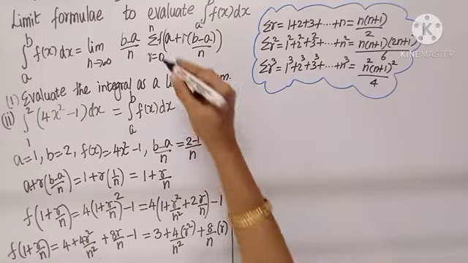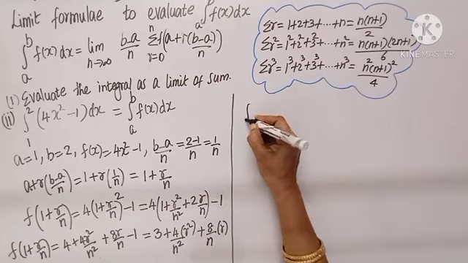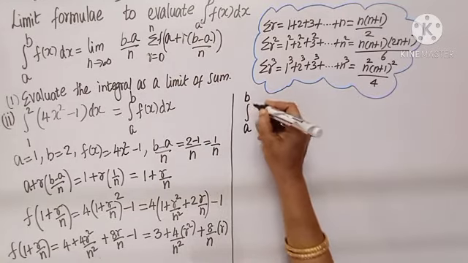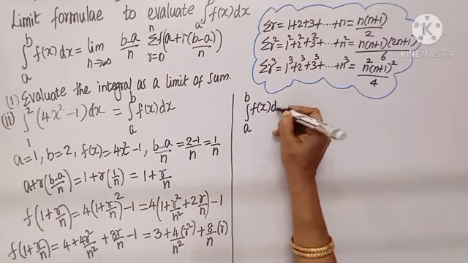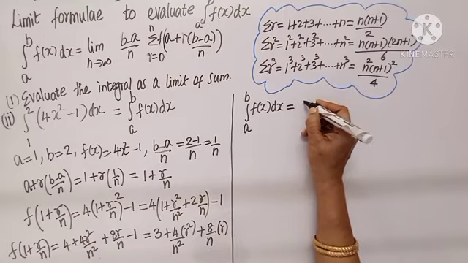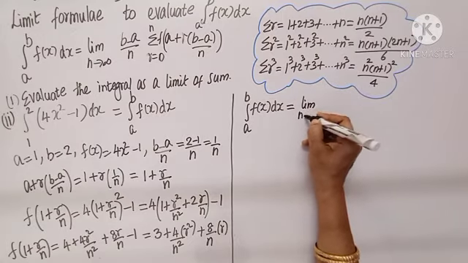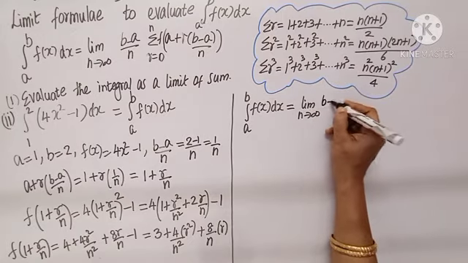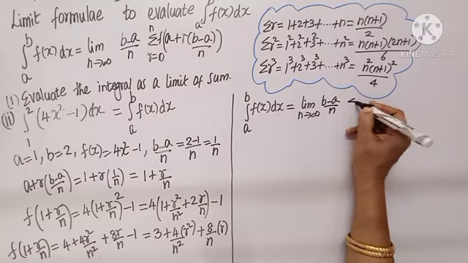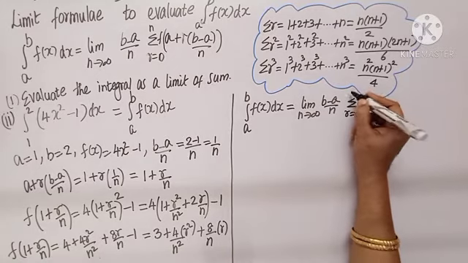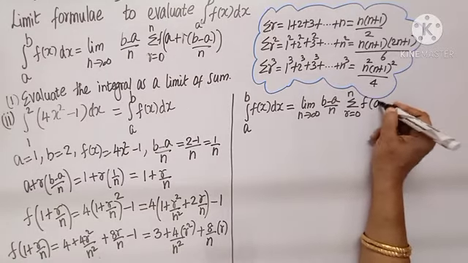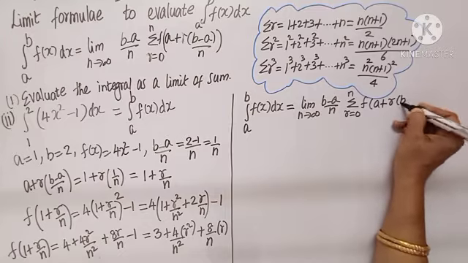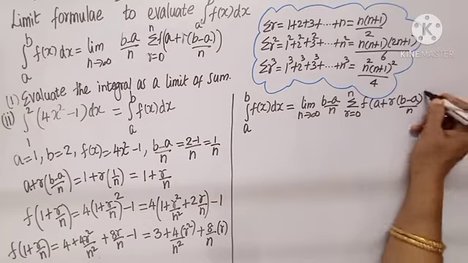Let us substitute in the formula. What is the formula? Integral a to b f of x dx equals limit n tends to infinity of b minus a by n, sigma r ranges from 0 to n, f of a plus r times b minus a by n.